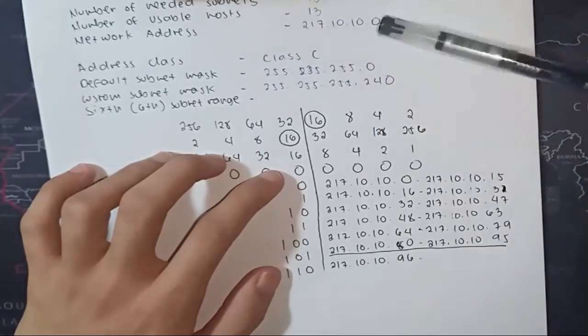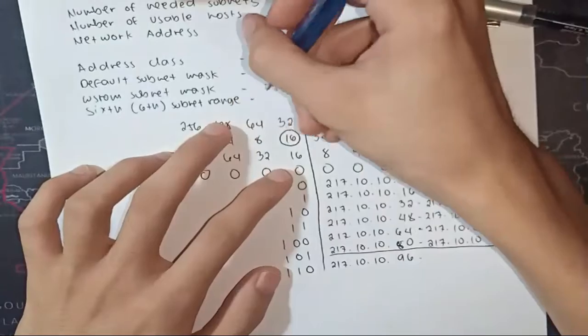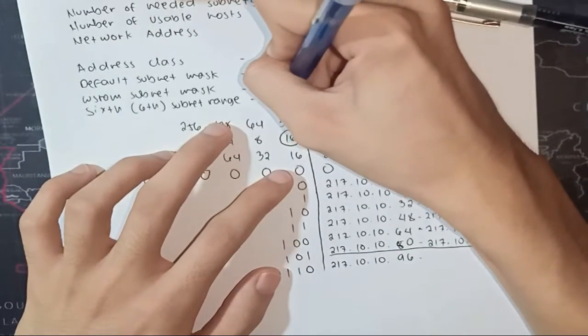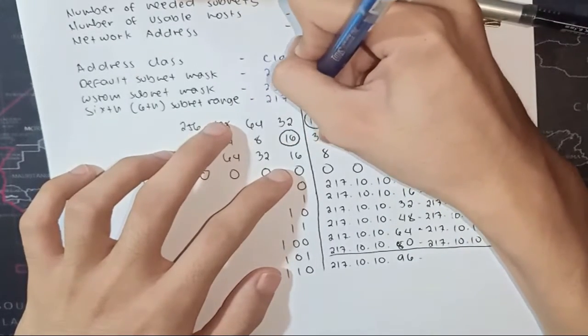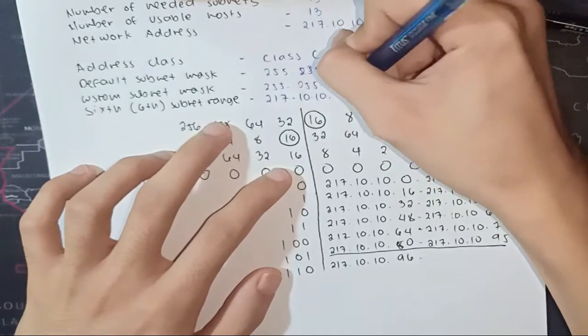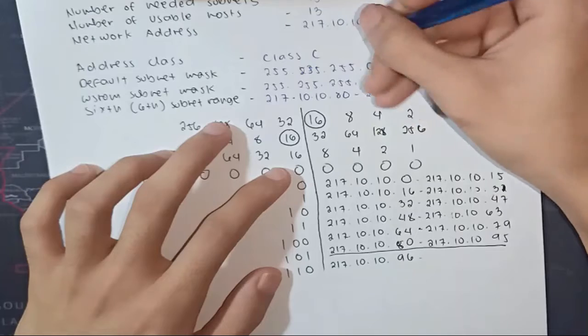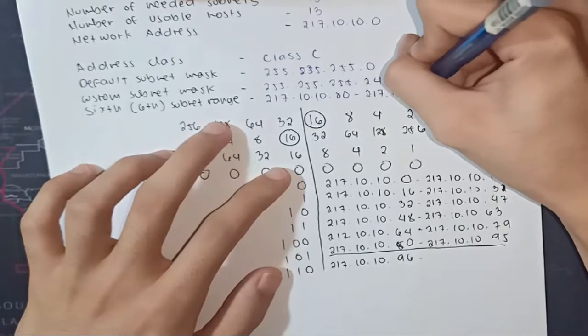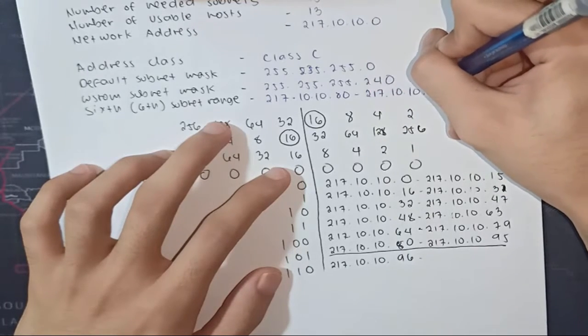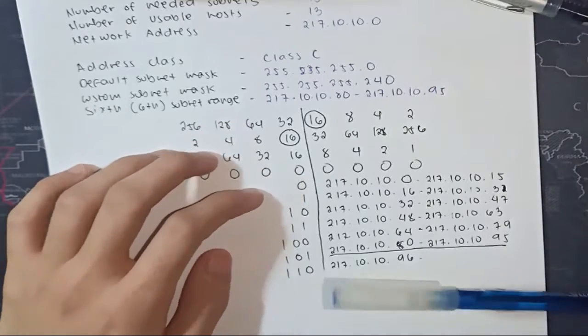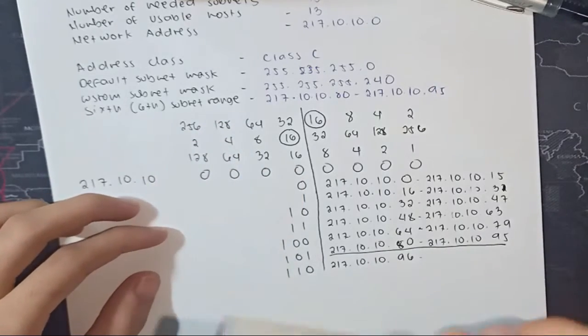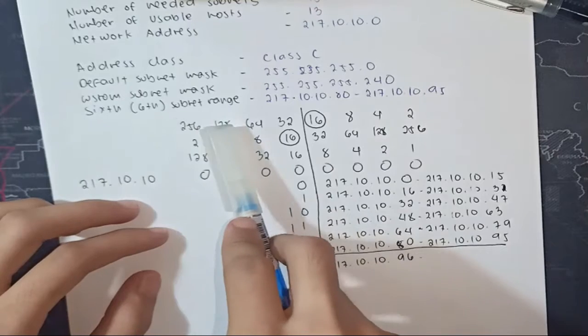We're just going to write it down here. So there you have it. We are now able to get the 6th subnet range.